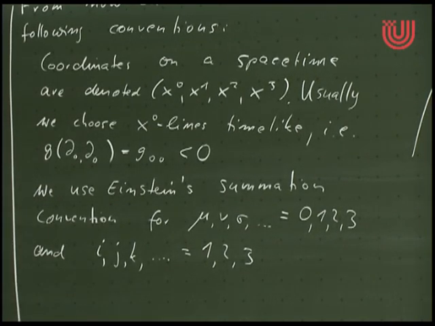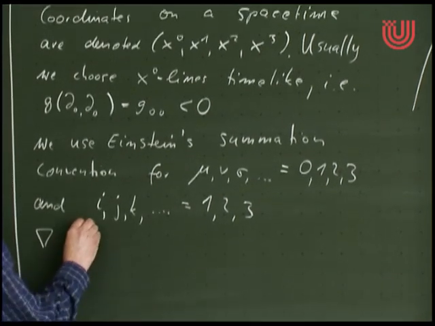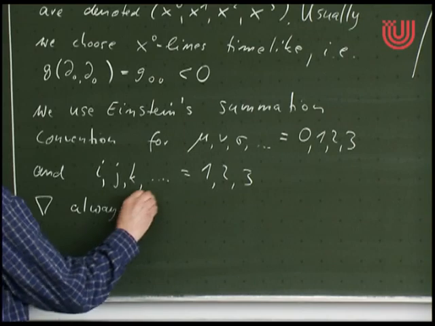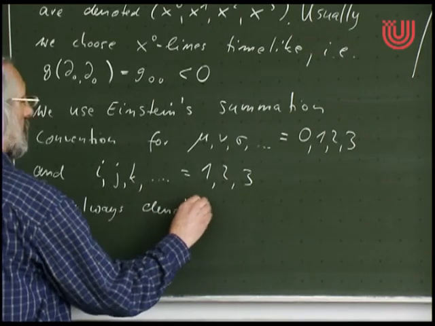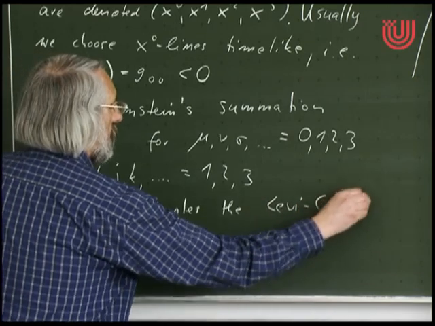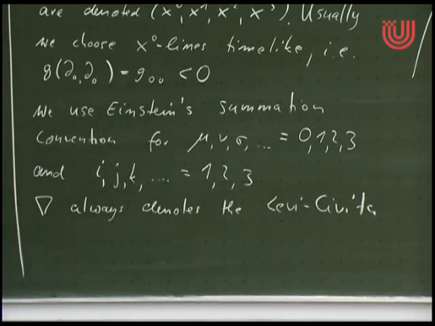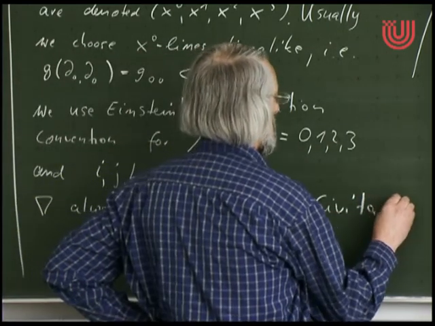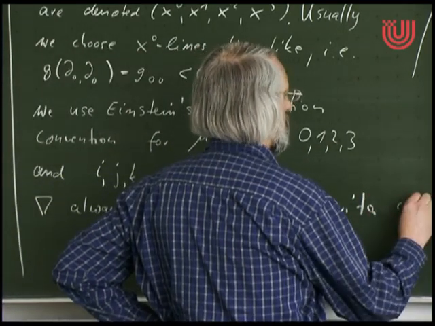And another convention that I would like to introduce is that del always denotes the Levi-Civita connection. So from now on we will consider no other connections than the Levi-Civita connection of our metric. I think there's no hyphen here in English.